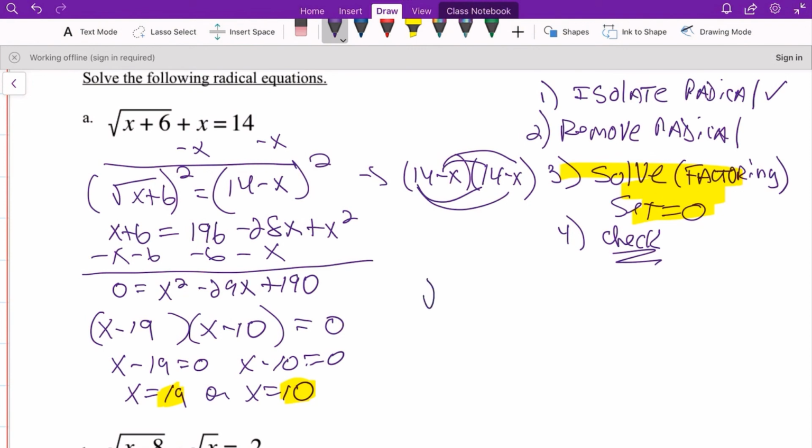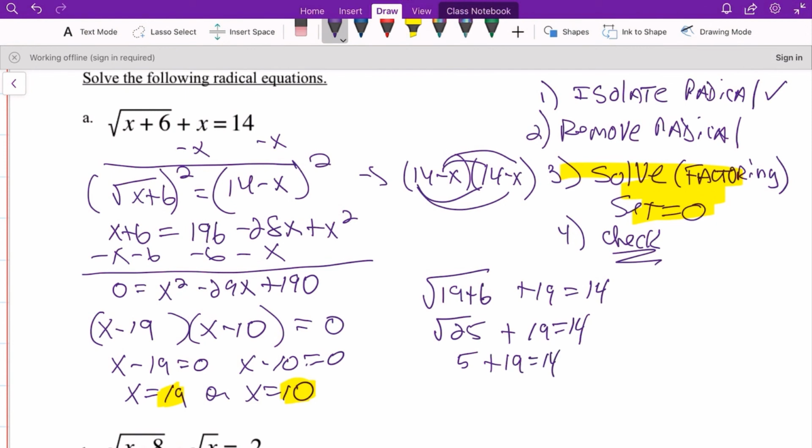We're going to have the square root of 19 plus 6 plus 19 equals 14. And if we simplify, we get the square root of 25 plus 19 equals 14. The square root of 25 is 5, so 5 plus 19 equals 14. And we're going to get 24 equals 14, which we know is not true. Okay?